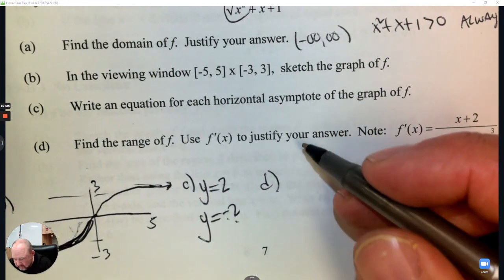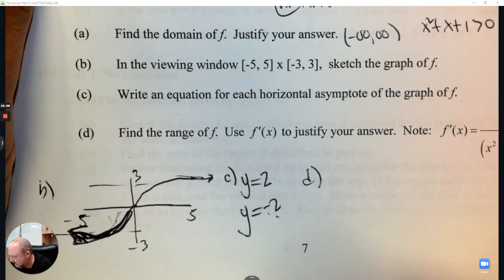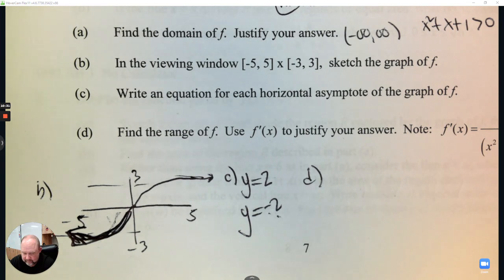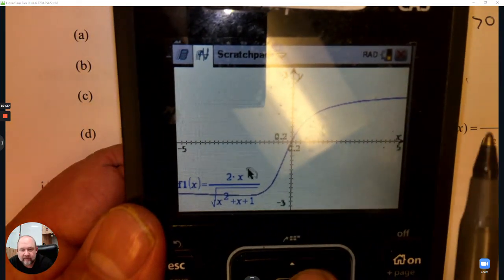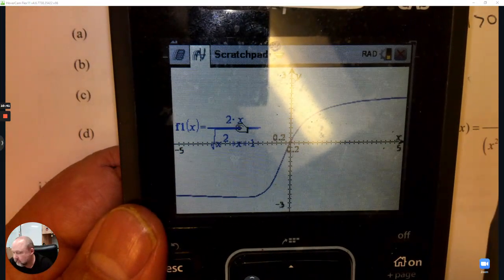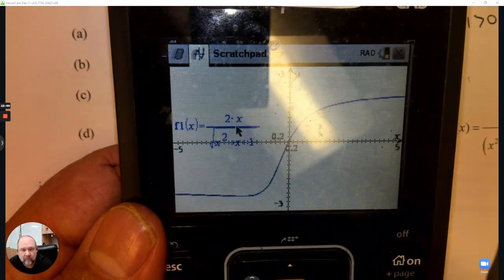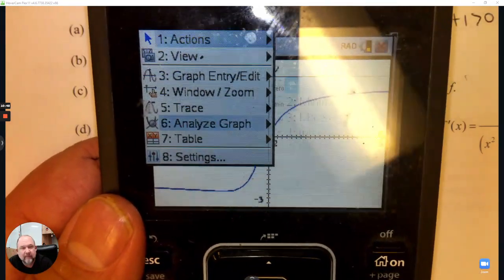So the range, the bottom value, I need to find where that minimum is using my calculator. So I'm going to move this. Then I'm going to go Menu, Analyze, Minimum.